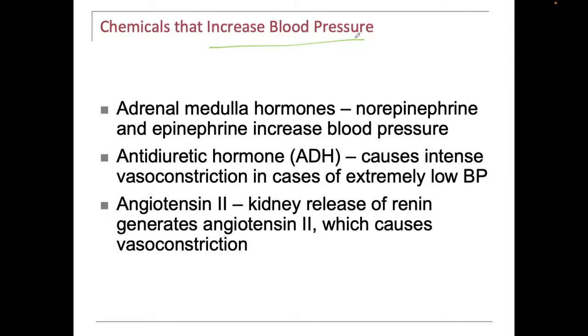Some of these should be a little bit of a review because these were covered in endocrinology. The adrenal gland has the adrenal medulla, and in the adrenal medulla, we can push out adrenaline and noradrenaline, aka epinephrine and norepinephrine. Those are capable of increasing blood pressure.